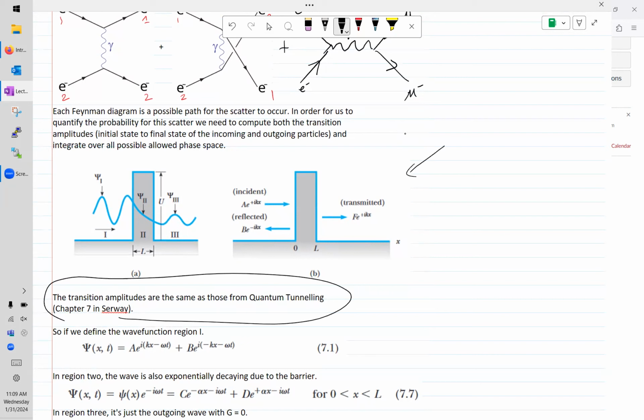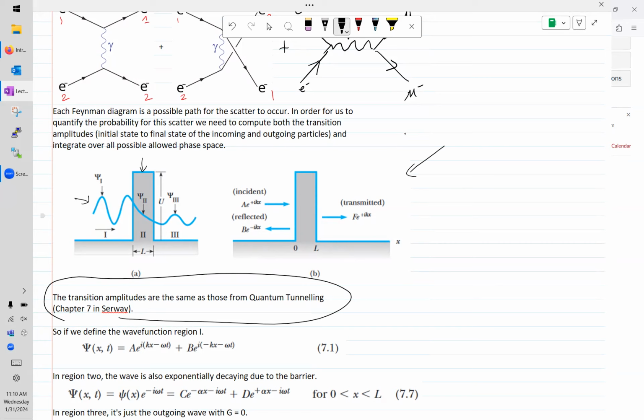The idea is that you have a particle coming from the left, and it's going to hit a barrier. This little gray part is a barrier. This is not usually a physical barrier. Usually it's maybe like a nucleus that has the same charge as whatever is coming in, and therefore they're repelling each other, or some sort of barrier like that.